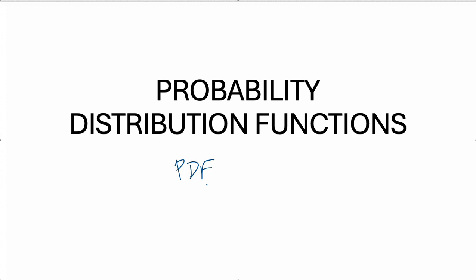So let's talk a little bit more about PDFs. What is the definition of a PDF? Well, a PDF is a function that lists the values that your random variable can assume, and their associated probability. Okay? So I'm going to write this down. A PDF is actually a table.